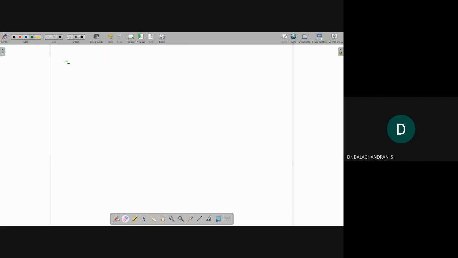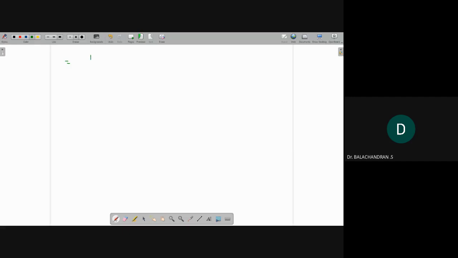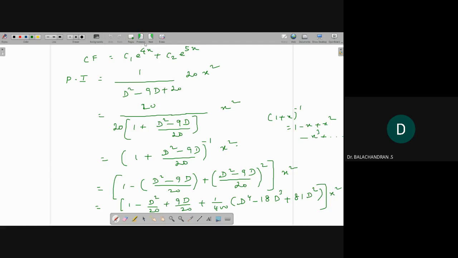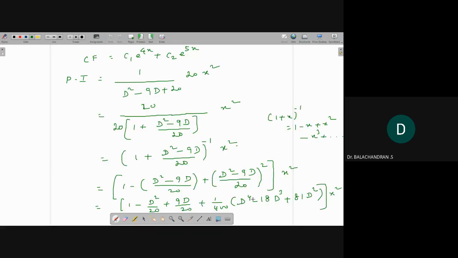So if you simplify this, what will you get? 1 minus d square by 20, and then 9d by 20. I don't need d power 4 because d power 4 of x square is 0. Similarly, d cube of x square is 0.